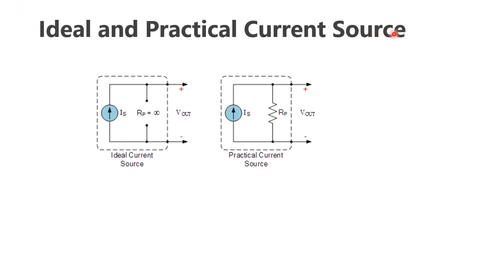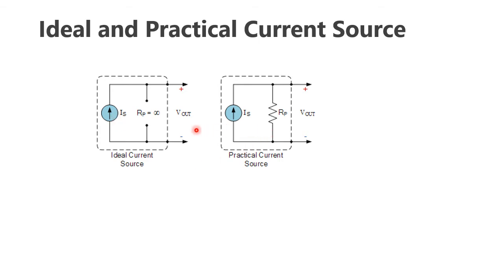Ideal and practical current sources. Initially I am going to ask you a question: what is an ideal current source and what is a practical current source? The simple answer is, by observing these two circuit diagrams, you can see it. This one is the ideal current source, this one is the practical current source.